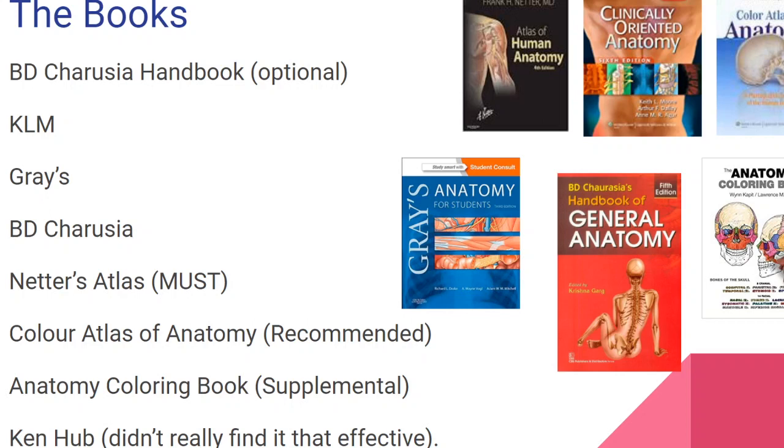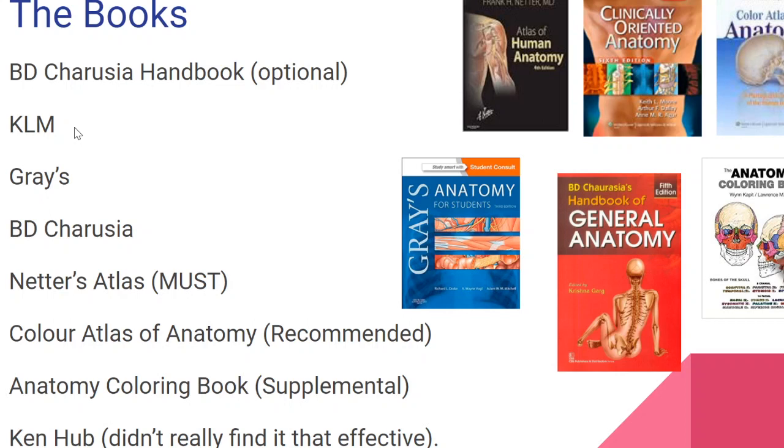So you can even use your own textbook, like if you have KLM or Gray's, to really understand your basic concepts, because this book is really just a summary of BD Chaurasia and it just gives you a really basic idea. It's not really a necessity. I think you could still survive without this book. It's not compulsory. I did, however, opt for KLM.